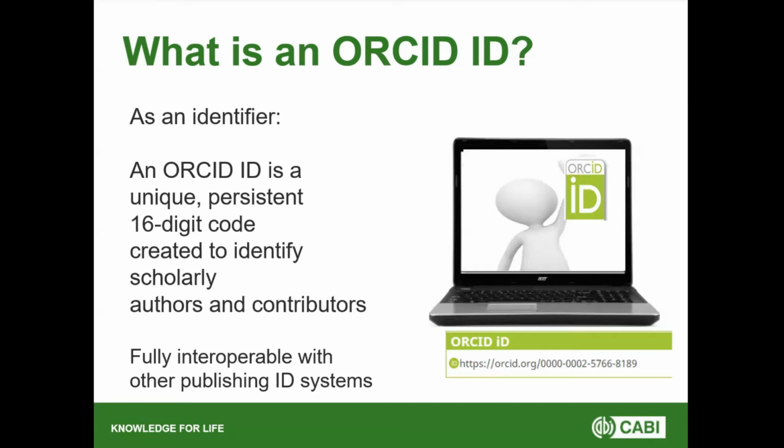So an ISBN number, for example, is a permanent identifier for an individual book. A DOI, or digital object identifier, is a permanent ID for a specific research article. Now, the model for ORCID IDs is based in part on digital object identifiers, DOIs, which are used by organizations to identify the specific publication that they might put out.